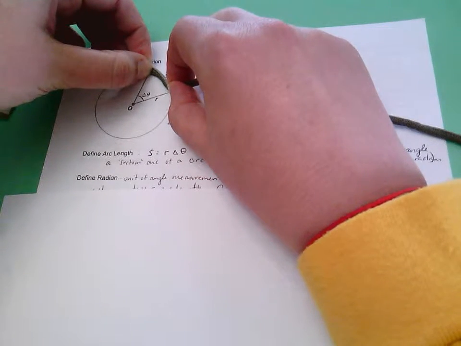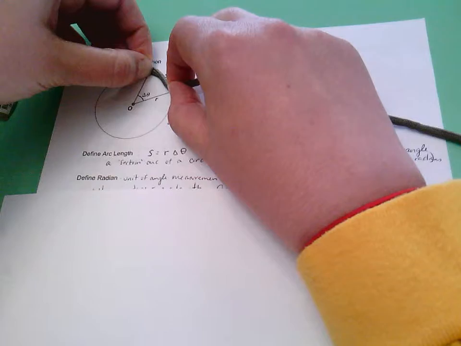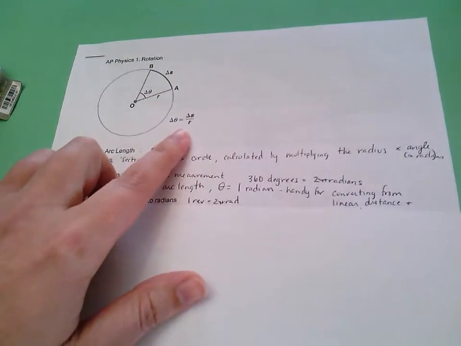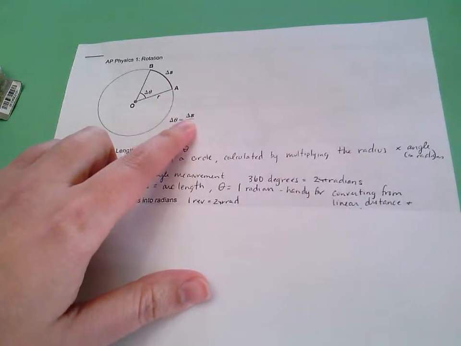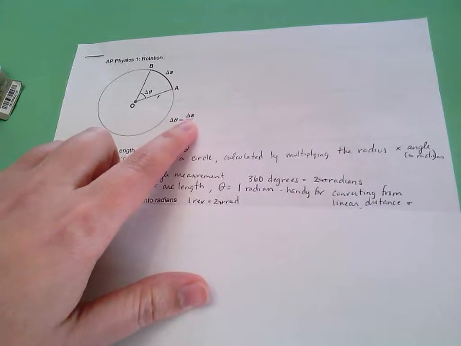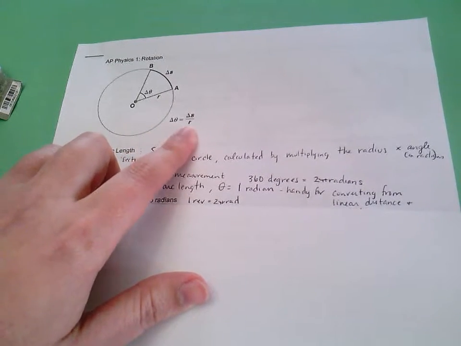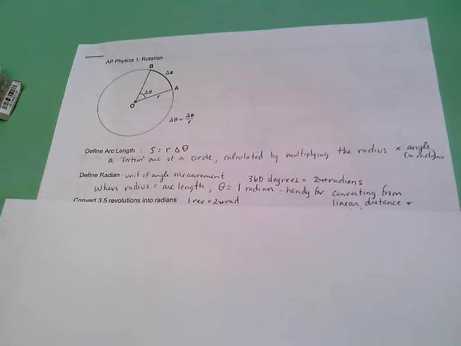So basically we're saying when the radius equals the arc length, and if we plug it in here, maybe my radius is 1 and my arc length is 1, we get an angle of 1. That's 1 radian. So when our arc length equals our radius, we have 1 radian. And that's just, side note, probably nothing that will ever be asked.